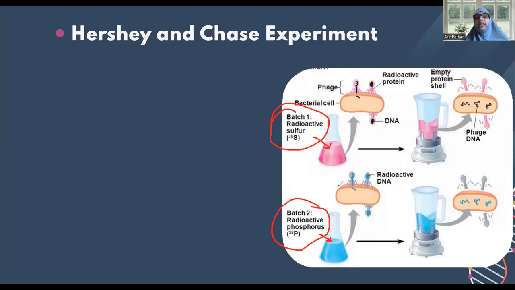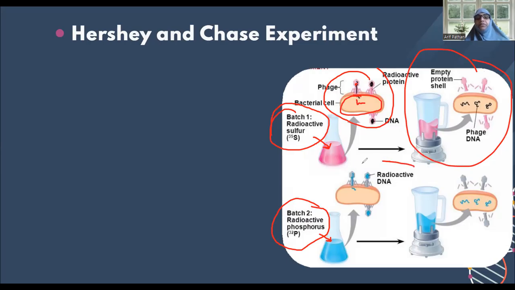Now these viruses were allowed to infect the bacteria. This is the bacterial cell and this is the virus. Infect means they will inject their DNA material into the bacterial cell. Similarly here, the viruses were allowed to infect the bacteria.